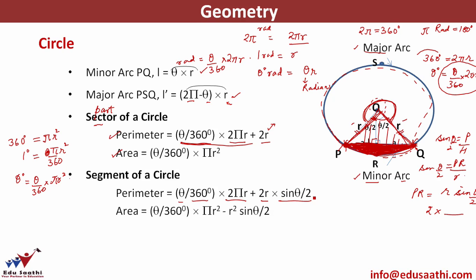In order to find out the area of the segment of the circle, I will find out the area of the sector, which I have already calculated here, and subtract the area of triangle POQ from that. So this is the area of the sector, subtract the area of the triangle. The formula that I have applied is half AB sine C, half A, which is R, B, which is again R, sine of the angle between them.